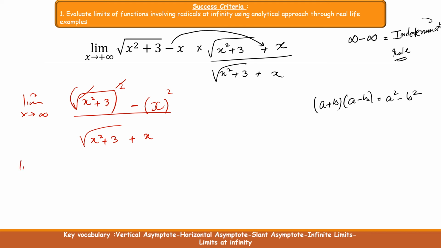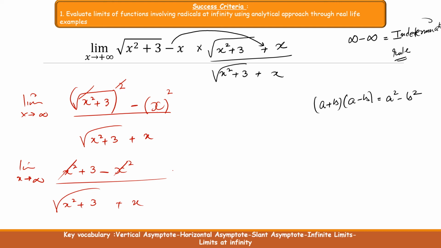We will get x square plus 3 minus x power 2, which gives us x square, divided by square root of x square plus 3 plus x. Now x square and x square cancel out. So what is left when it is cancelled out? It will be left with only 3 over square root of x square plus 3 plus x.